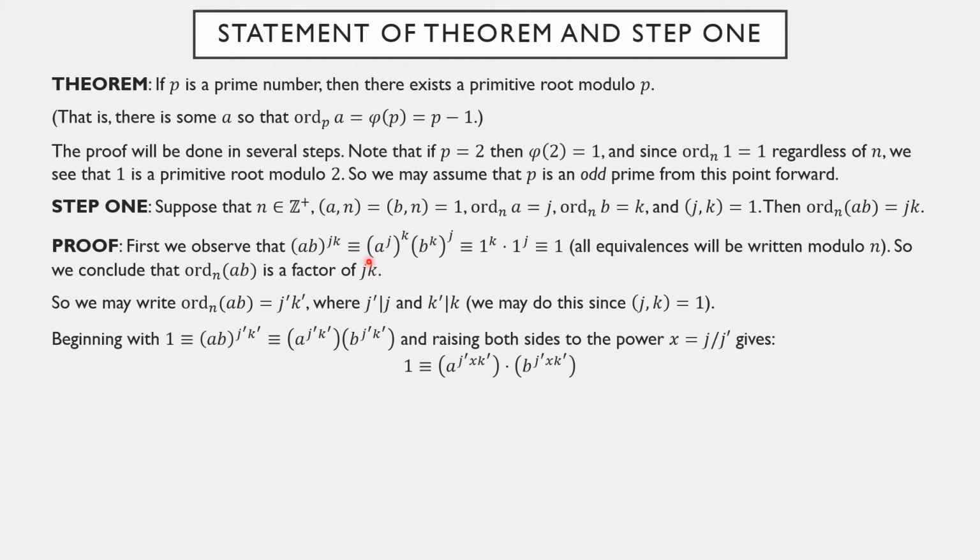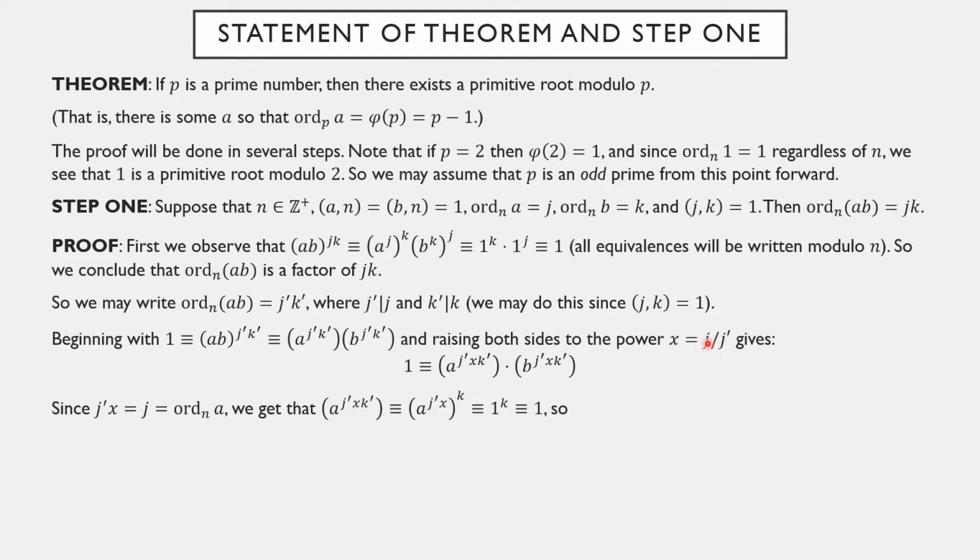But then I'm going to distribute that x into both of these exponents. Now x is j over j prime. So x times j prime is just j. That, however, is the order mod n of a. So a to the j prime x, k prime is a to the j prime x, to the k prime.